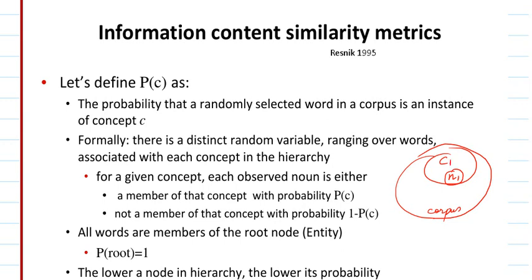So this is C1, this is N A, and there is some other concept like this C2. In this way, N A has the probability P(C) with concept C, and if there is another concept C3, it is not a member, so the probability is 1 minus P(C). We will see how we calculate these P(C) probabilities.